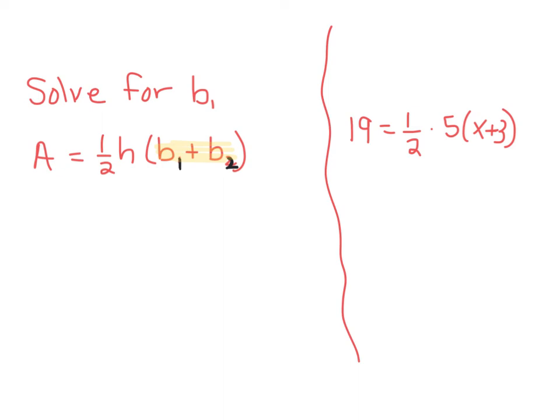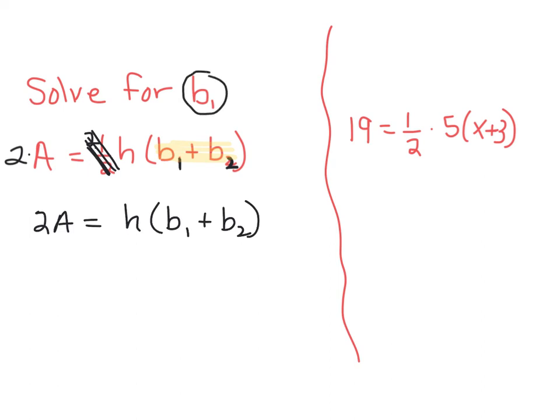So as I'm solving, again, I see a fraction. I want to get rid of the fraction. I'm going to multiply by 2, multiply by 2. That will give me 2A equals, and again, half of 2 is 1. I don't need that anymore. H times b1 plus b2. Let's see, I'm trying to isolate that b1. What's happening to b1?